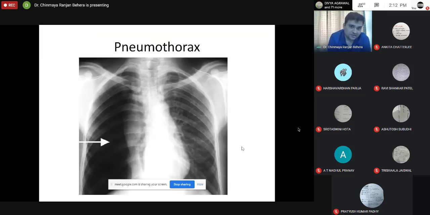Now coming to another chest X-ray. First of all, similarly you will scan the ribs one by one. Okay, ribs are okay. Then you will scan the lungs.